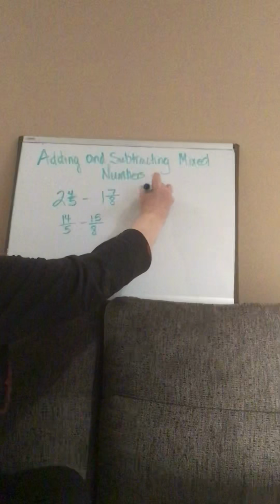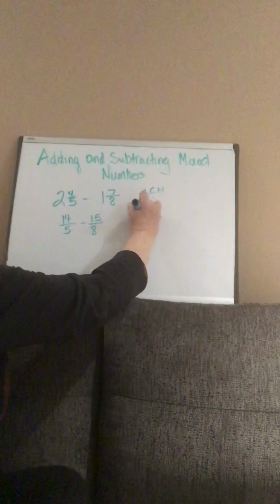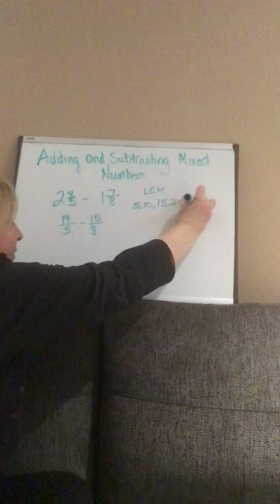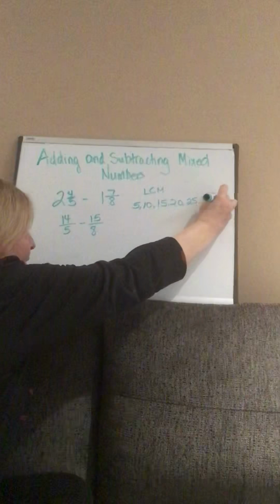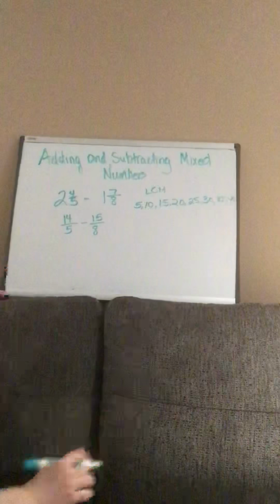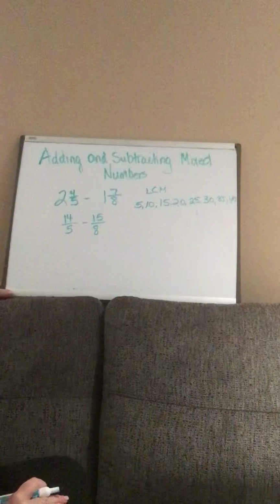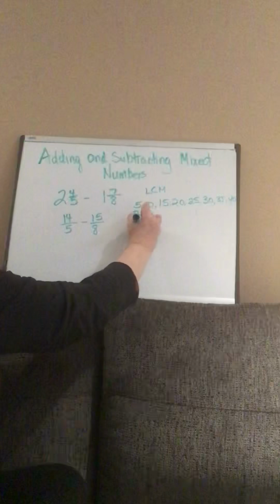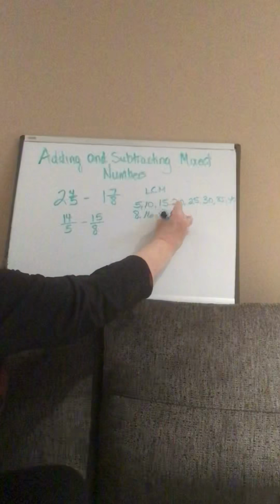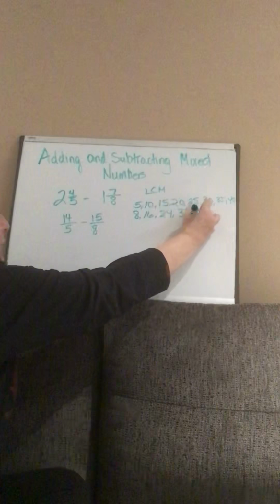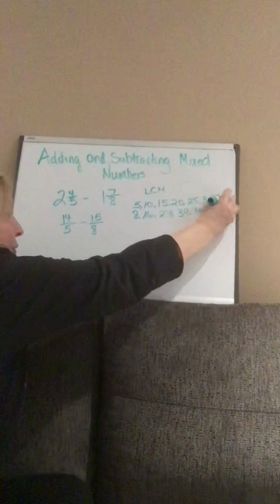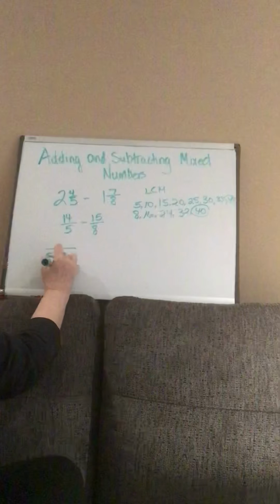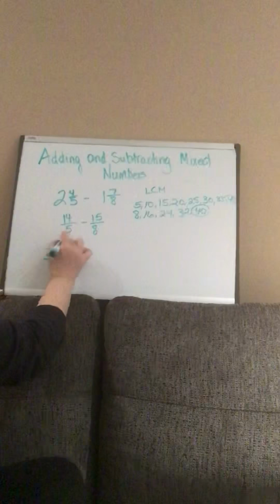Find my lowest common multiple. 5, 10, 15, 20, 25, 30, 35, 40. I went a little farther because I knew what this lowest common multiple is going to be, so I kind of cheated a bit. 8, 16, 24, 32, 40. 40 is my lowest common multiple. 5 times 8 was 40.